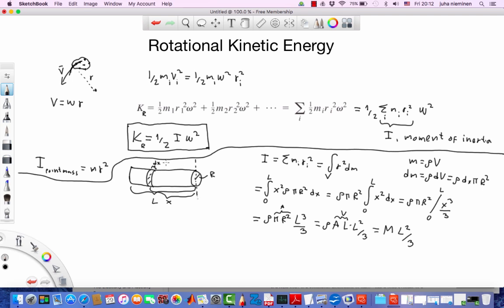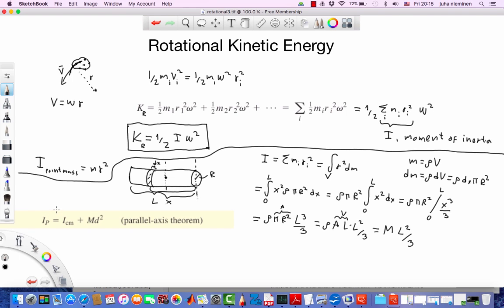But what if we wanted to, for example, calculate the moment of inertia through an axis that goes through the center of mass of this object, that is straight in the middle? We could do this same procedure integrating both ways, but in fact there's a shortcut, and that is called the parallel axis theorem.